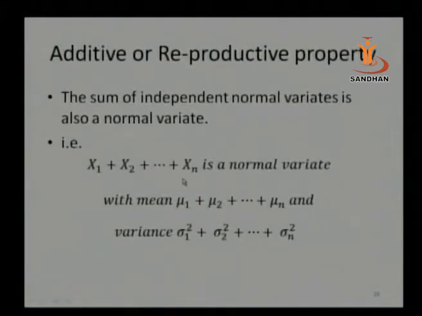The mean of that sum becomes the sum of the corresponding means, mu1, mu2 up to mun, which are the individual means of the independent normal variates. So just add up all the means. Similarly, the variance is the sum of all the individual variances, sigma1 square, sigma2 square up to sigman square.